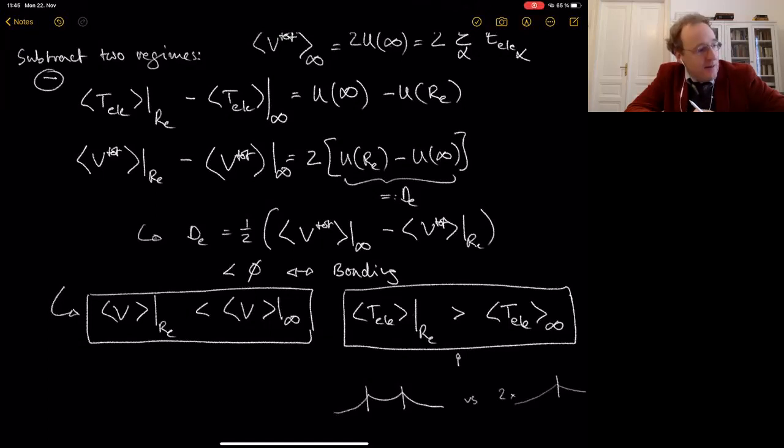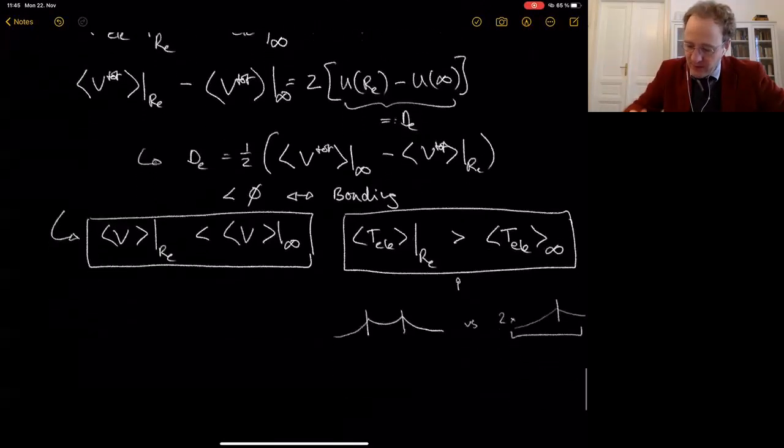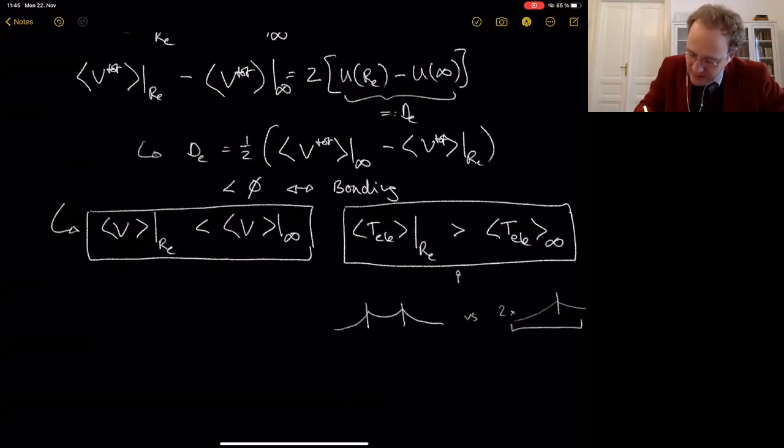Now imagine you have two such atoms here, and you bring them together. You see that the electron density of this one atom now had to go up here to this region.